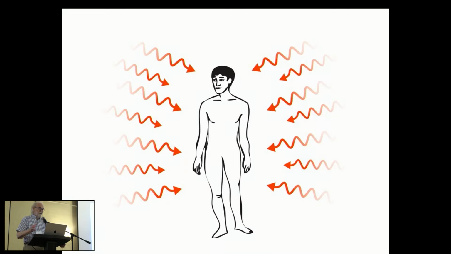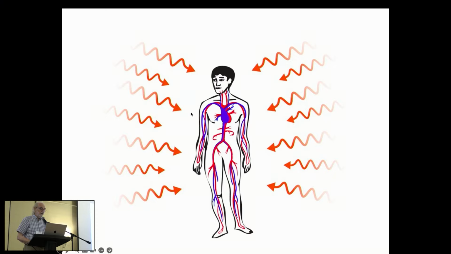So the first issue that we thought of was that we're receiving energy all the time, and especially the cardiovascular system, the capillaries, are pretty near the surface. And so one idea is maybe this energy that's coming in all the time is used in the cardiovascular system.